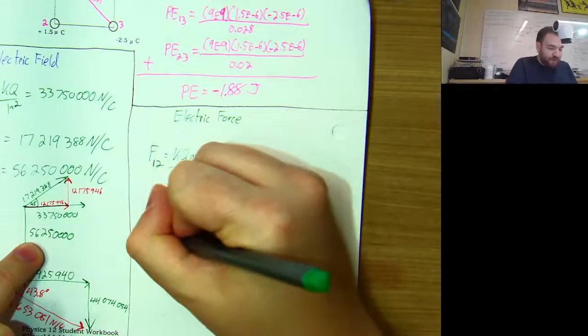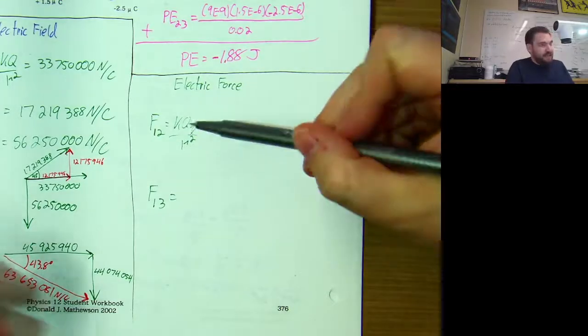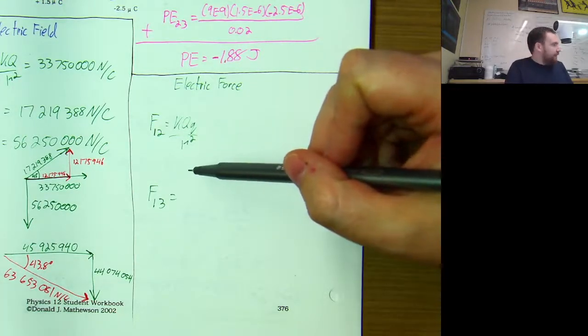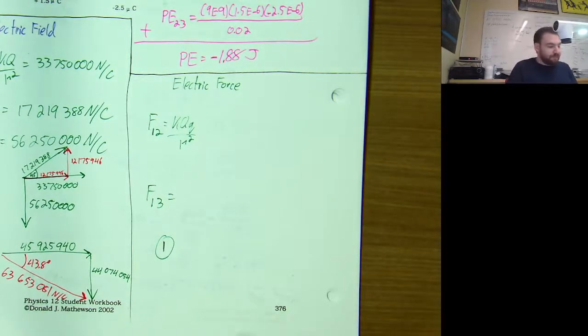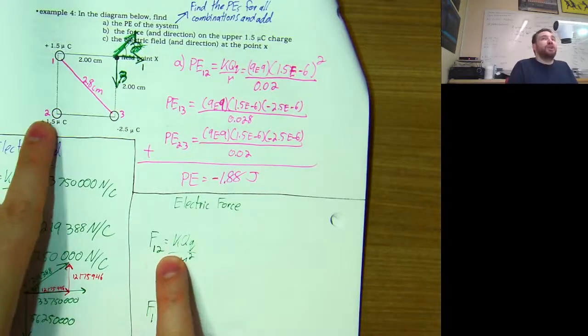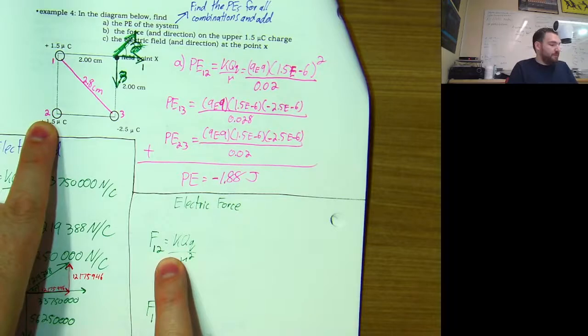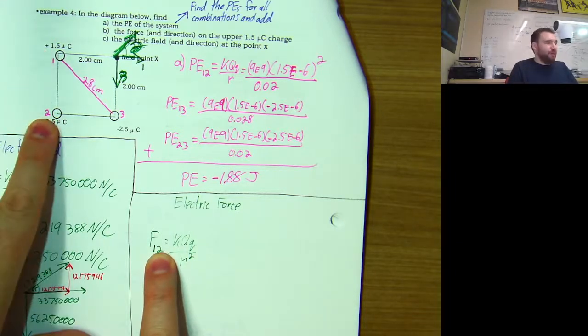I want to find the force on 1 from 3, but I don't include the positives and negatives in these formulas now. I have to use the positives and negatives to give me the direction. So if this right here is my charge 1, the force on 1 from 2 is going to go which way?